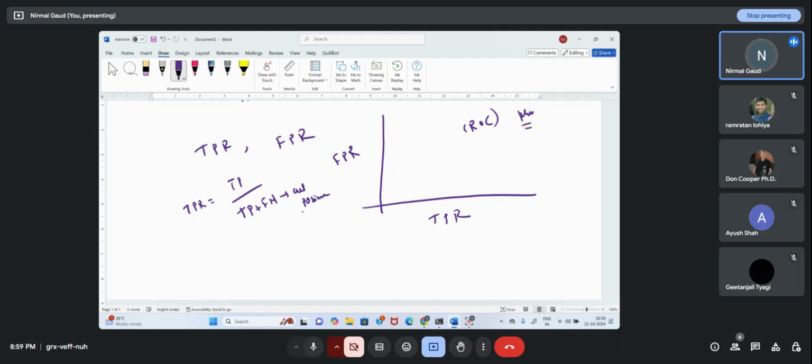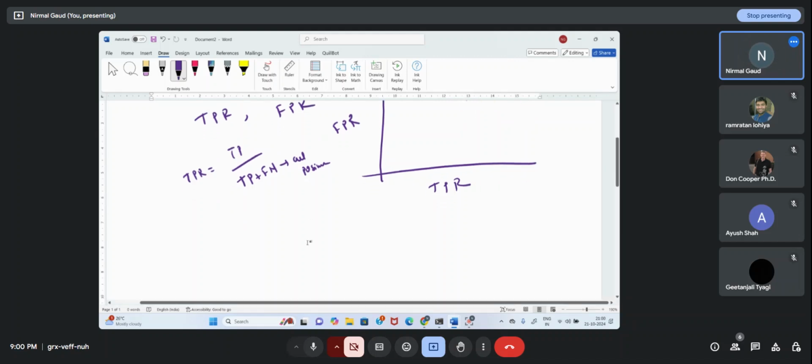That should be the true positive rate. And the false positive rate will be false positive upon false positive plus true negative. This should be the false positive rate.